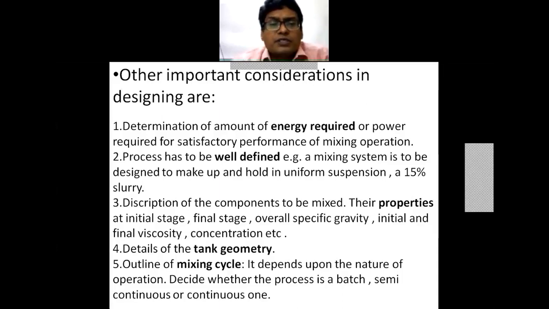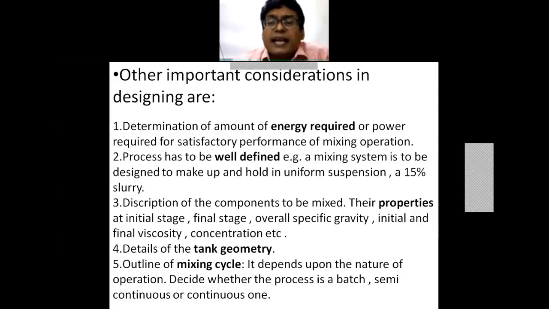For example, a 15% slurry may require a different amount of energy. Then the description of the components, their final properties at the initial stage and final stage, is going to vary.